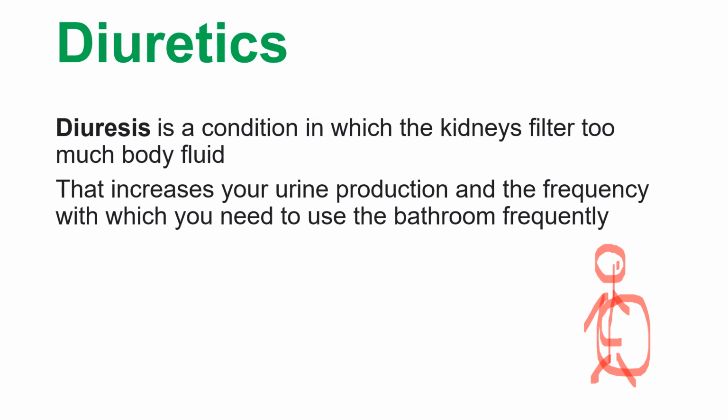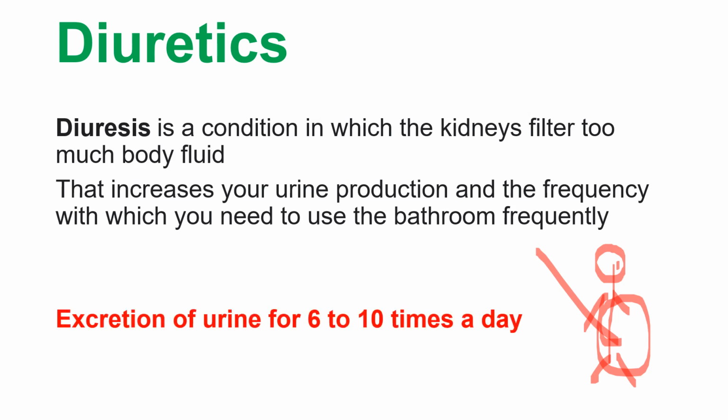Now doctor is prescribing him diuretics and now he'll be excreting urine 6 to 10 times a day. Usually, for example, you will be excreting urine 2 to 4 times a day, but this guy will be excreting 6 to 10 times a day because he's been prescribed with diuretics.